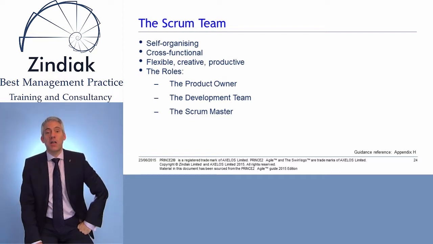It's self-organising, so the development team could choose to have a development team leader to interface with the product owner, or the development team may choose not to have a leader and just interact with the product owner as they see fit, as required, effectively to spread responsibilities for leader around the team.